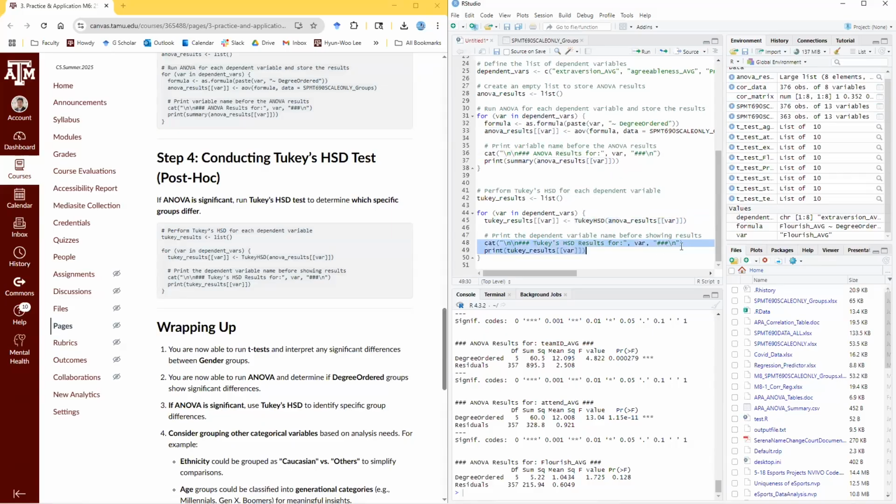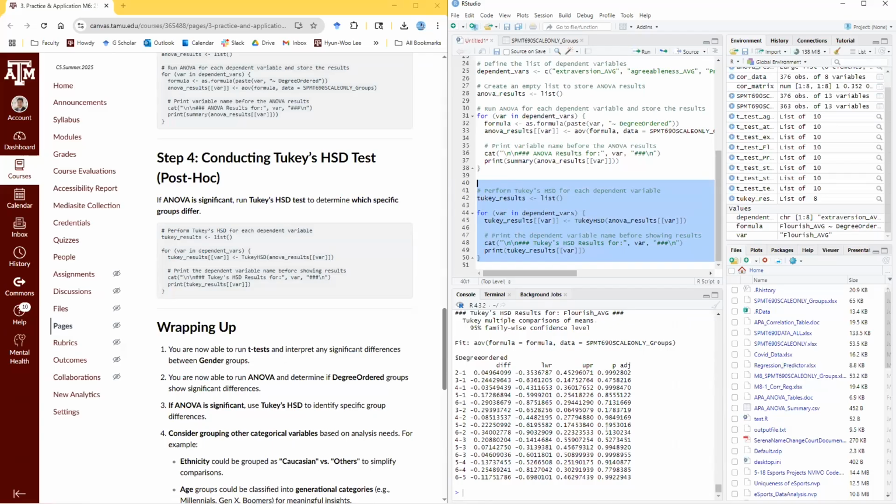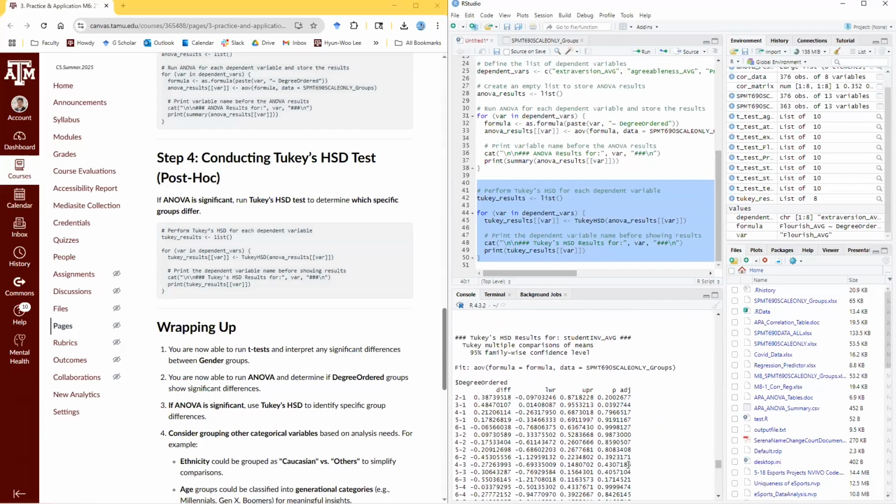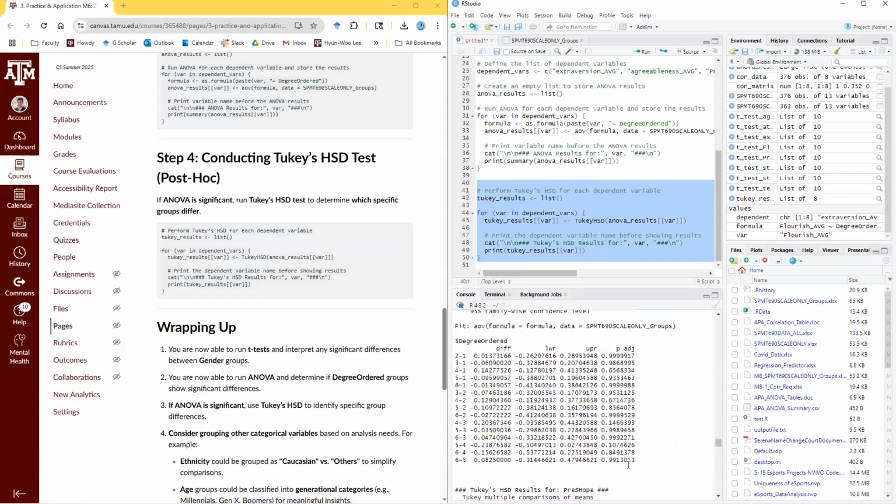And I'm asking for a report showing the title of which variable the report is, and then I'm going to ask to print the Tukey results for the variables. All right, so let me run this command and it will give me 8 Tukey post hoc results.